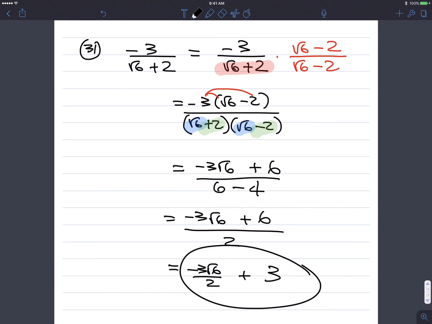Number 33 is 1 over the square root of 6 plus the square root of 2. Let's be careful.